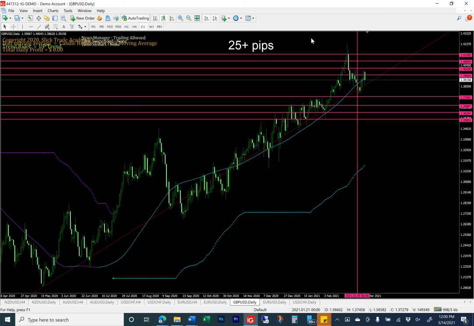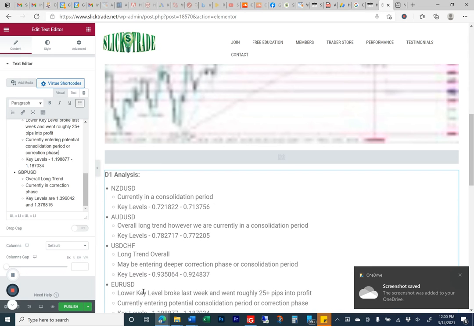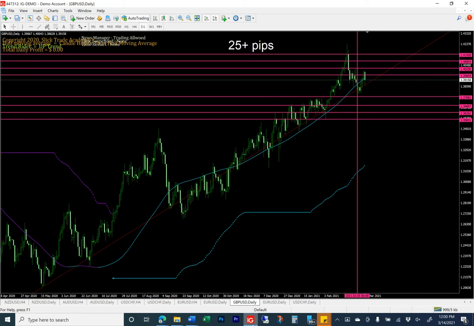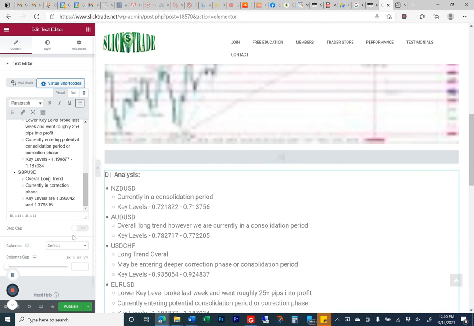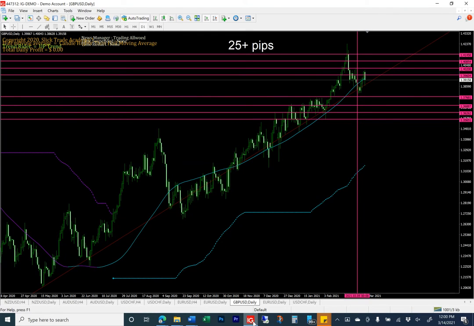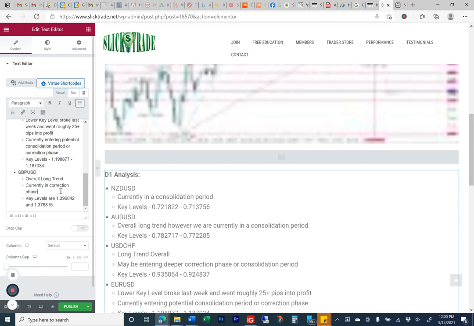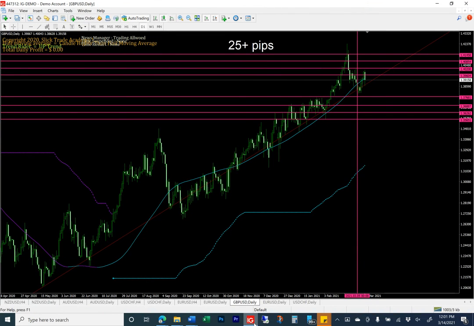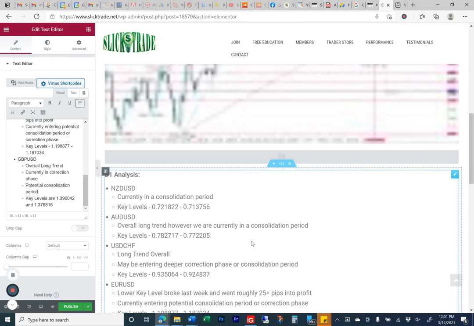We'll see what happens in the upcoming weeks. Overall long trend, we are still indeed in that correction phase. I'm going to say potential consolidation period. We'll see. Same key levels, 1.3760.